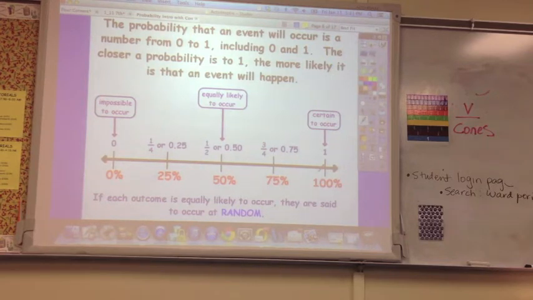And this is whenever each outcome is likely to occur, and they are to occur at random. So draw this scale and draw all the information so that you have it to refer to. You can pause the video to do this.